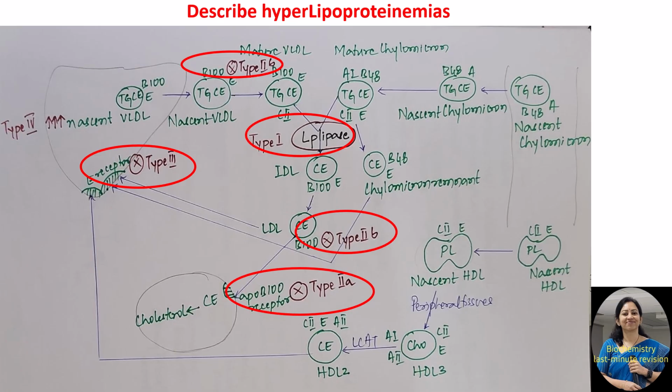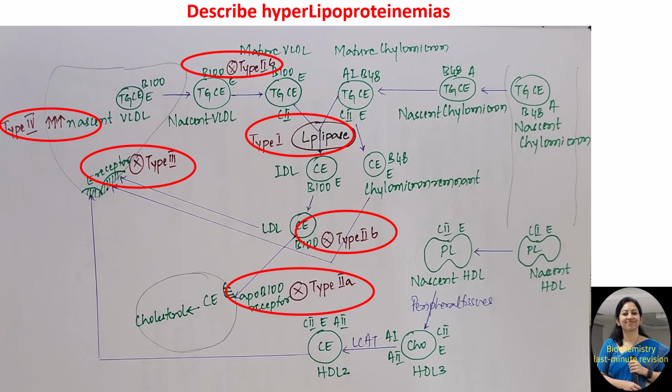Now through E receptors, all the lipoproteins are taken up by the hepatic tissues, which release their cholesterol. So this can result in accumulation of all this VLDL, chylomicron remnant, IDL, LDL. All this can be abnormally accumulated when there is deficiency of ApoE receptors, and this is known as type 3 hyperlipoproteinemia.